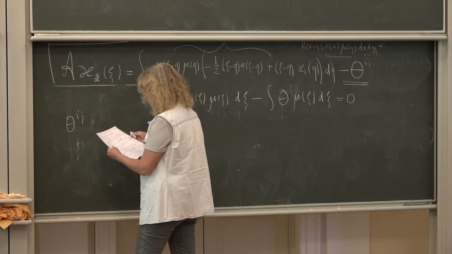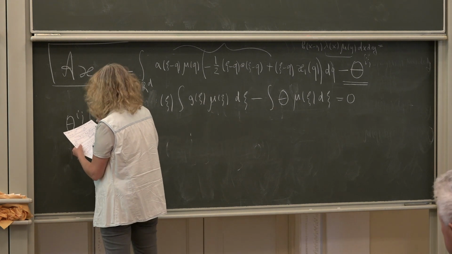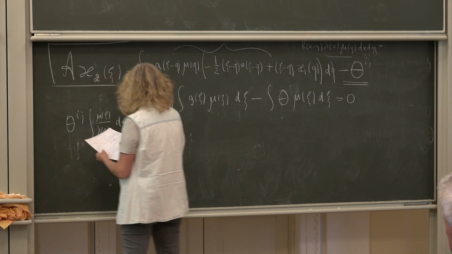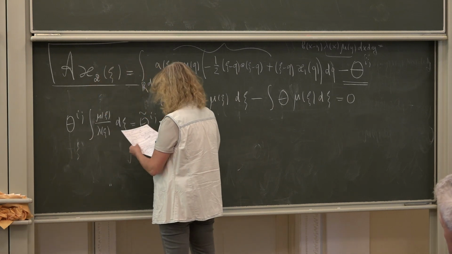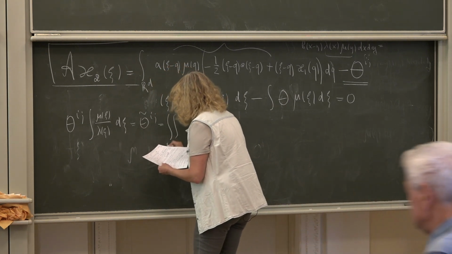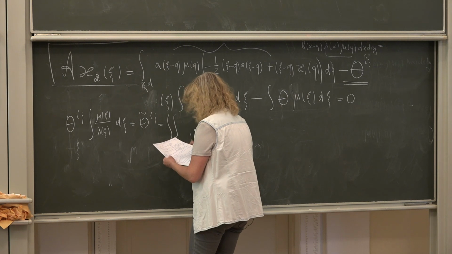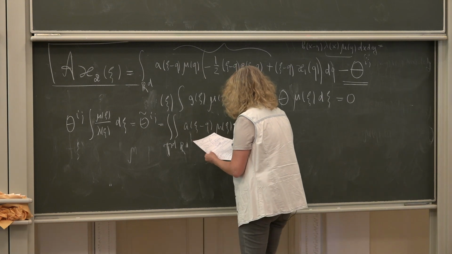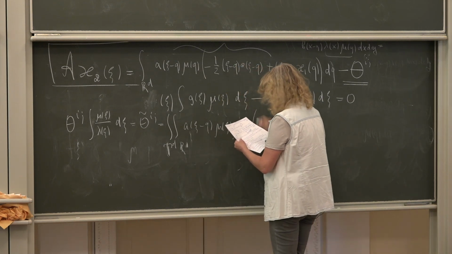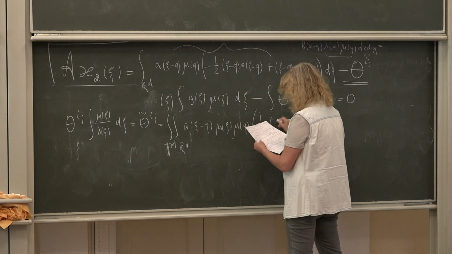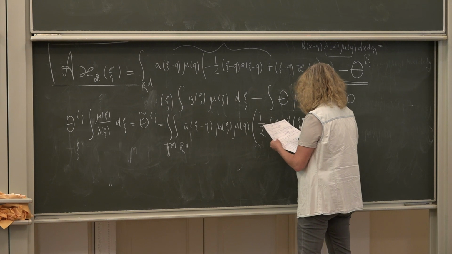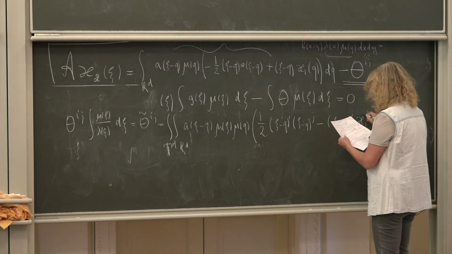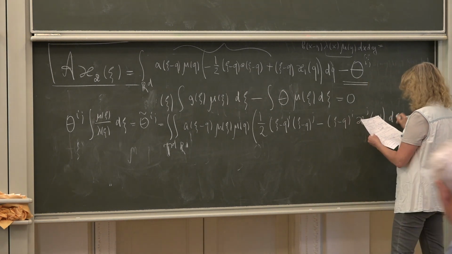So eventually my equation on the matrix theta has the following form: the integral of mu psi lambda psi d psi. Let theta tilde be equal to the integral over R^d times R^d of a psi minus q, mu psi, mu q, 1/2, psi minus qi, psi minus qj, minus psi minus qi, kappa 1 j q, d psi dq.